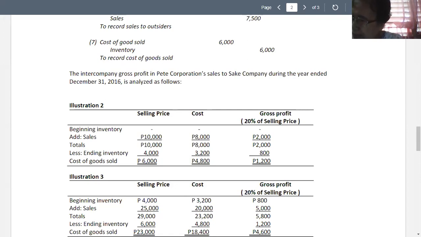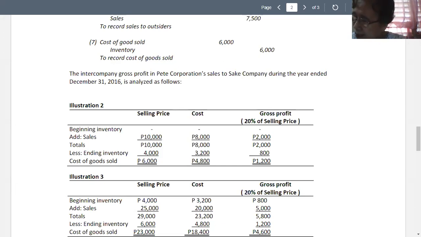Pitt Corporation sold again merchandise to Sig Company for 25,000 at a gross margin of 20%.